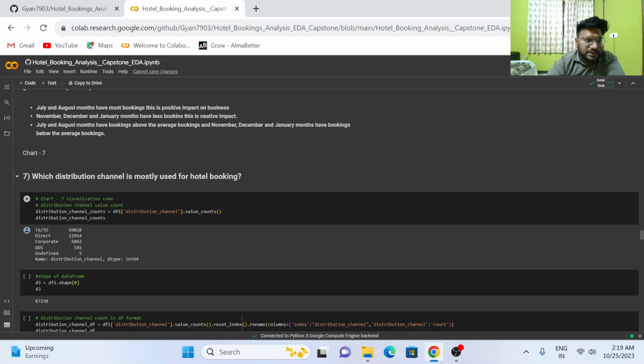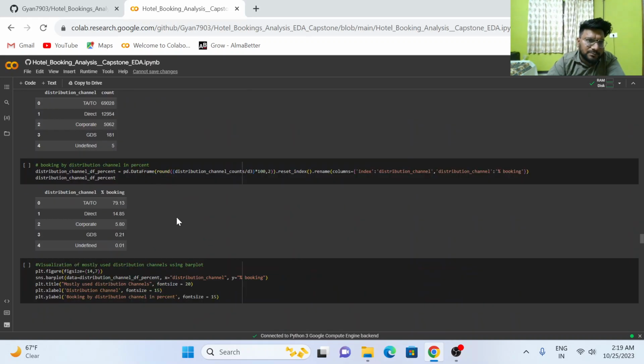The highest booking channel was TA/TO, next highest would be the direct bookings, and after that corporate bookings. Next one would be the GDS booking, and the last one would be the independent bookings.